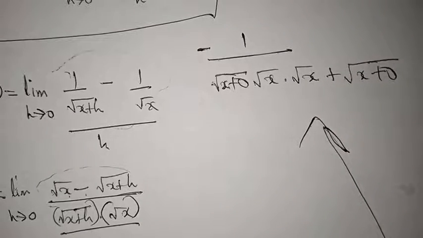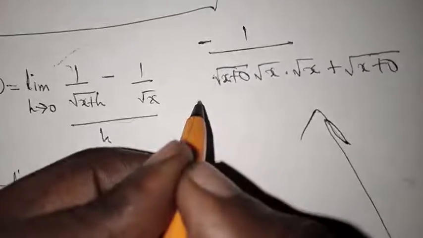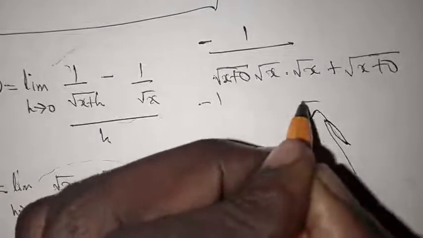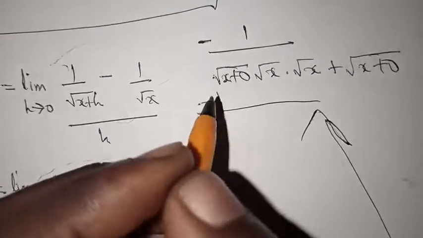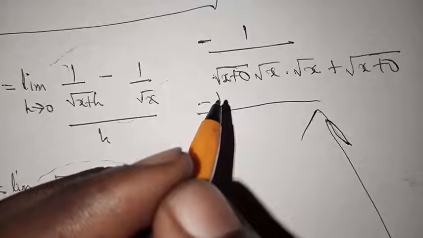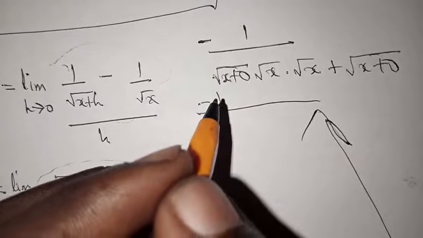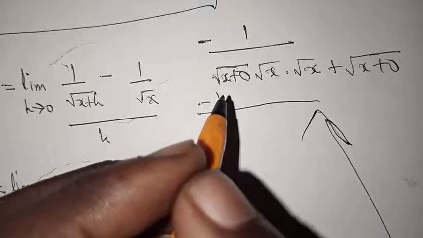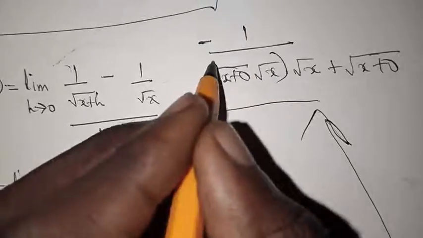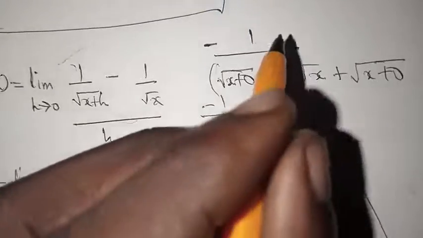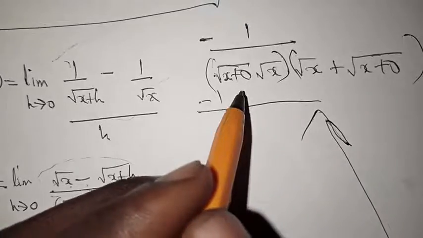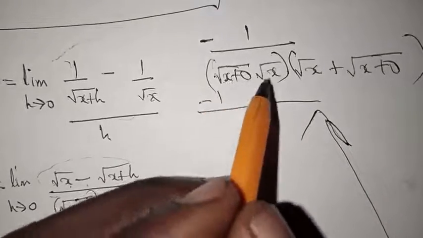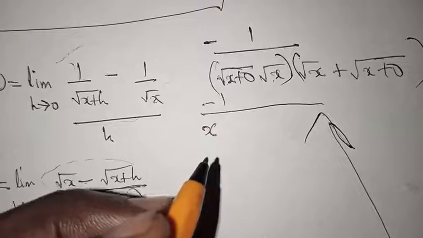Okay, now after this, I'm simply going to get something like negative 1 over, now when I get rid of the 0, when I multiply square root of x times square root of x, I'm going to get x, like that.